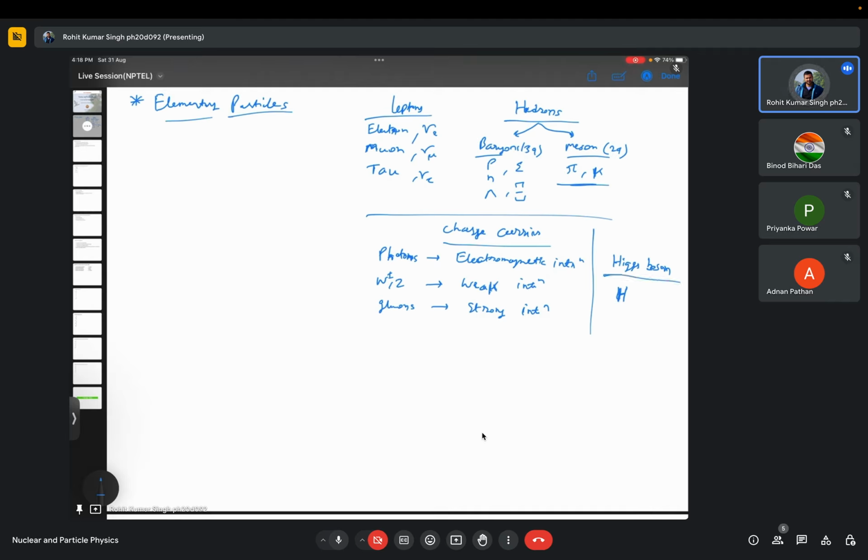Those who are massive interact with Higgs, and those who are massless don't interact with Higgs. So interaction with Higgs provides mass to all the particles. This is the standard model of particle physics.